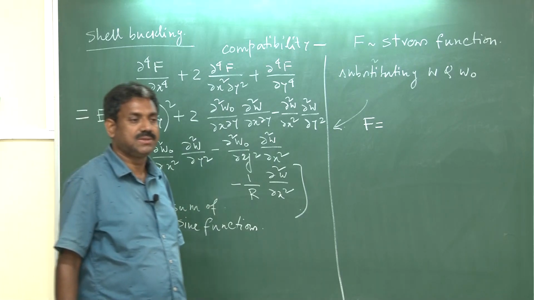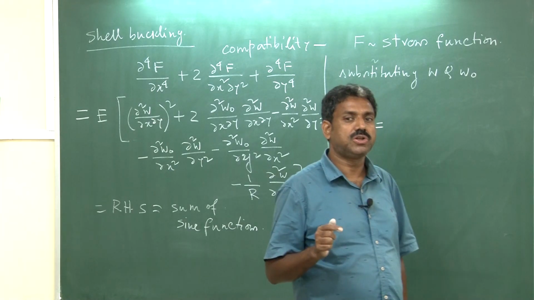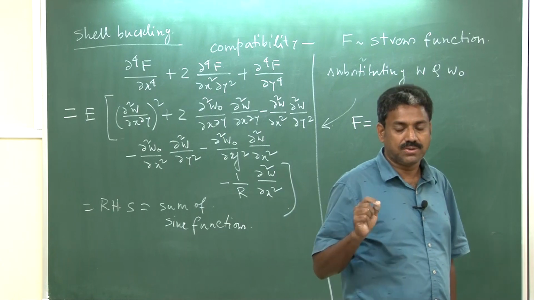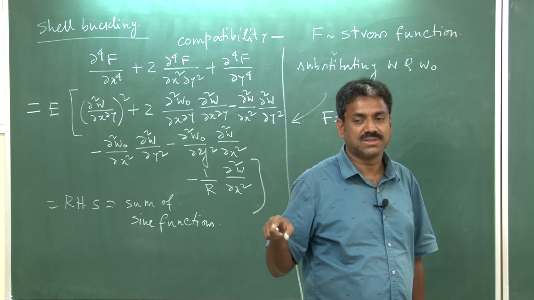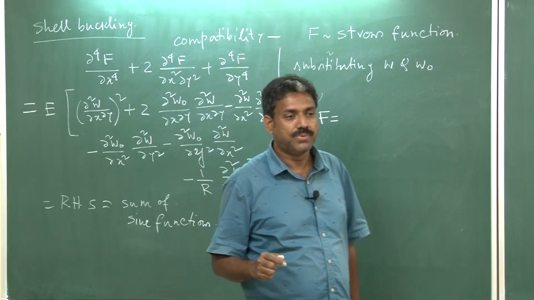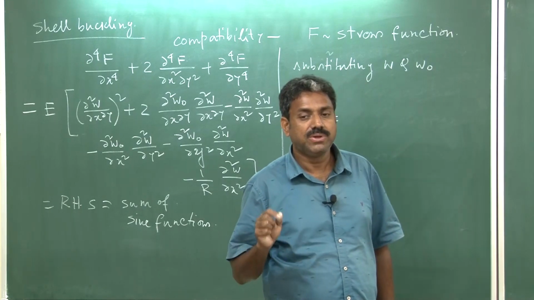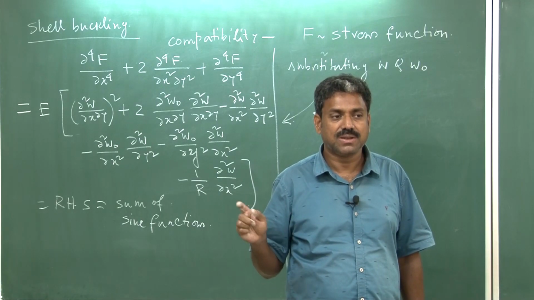All of you have done this series solution in differential equations. What happens is that you assume the solution to be in the form of a series. For a one dimensional equation, it is like alpha 0 plus alpha 1 x plus alpha 2 x square, something like that. Then you substitute in the equation and on both sides equate the coefficients associated with the x term, x square term, x cube term.